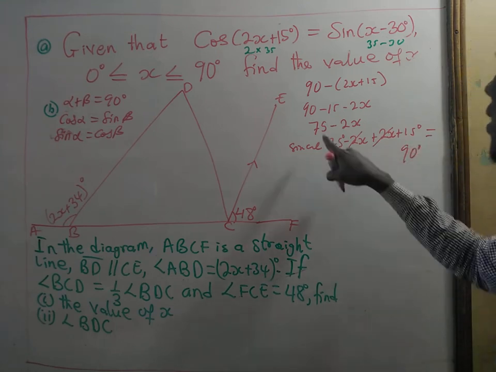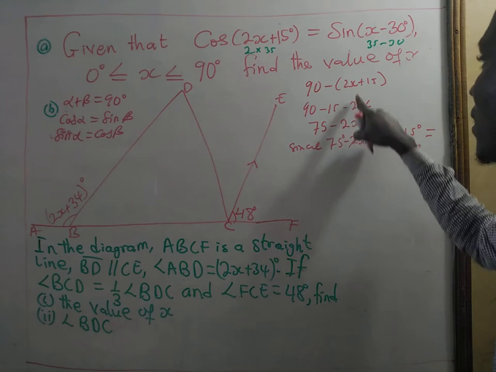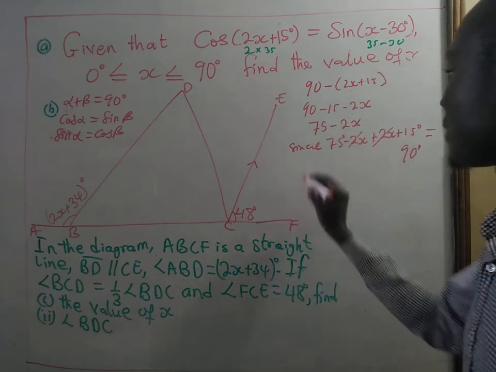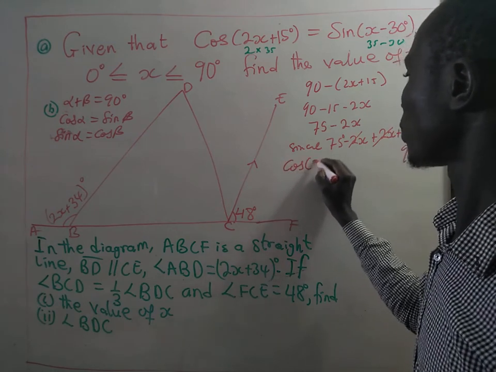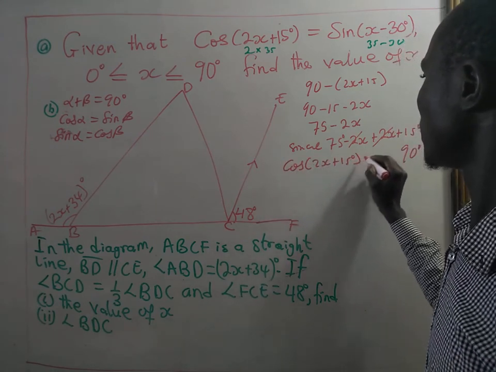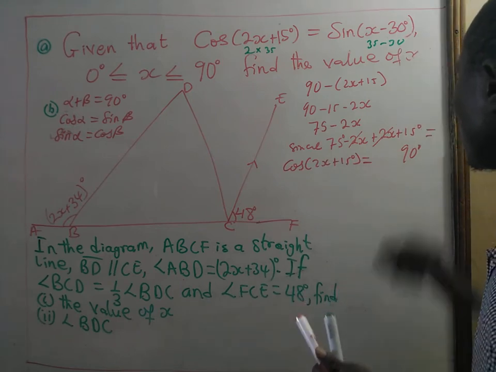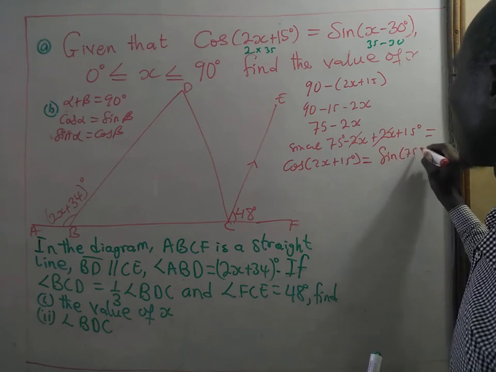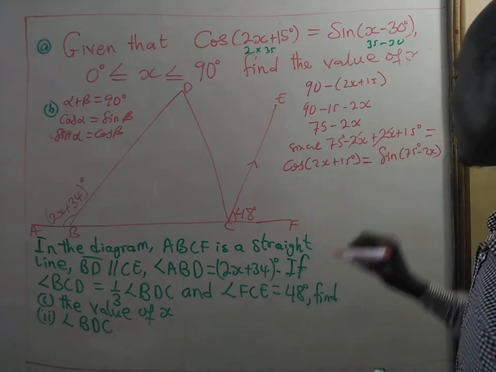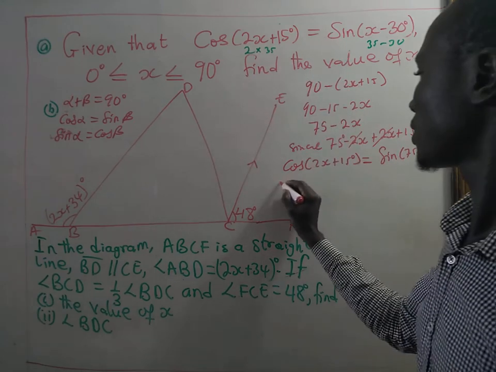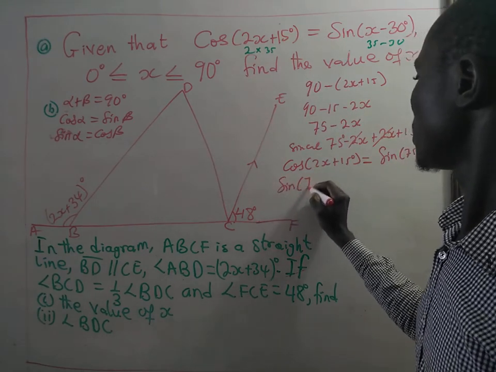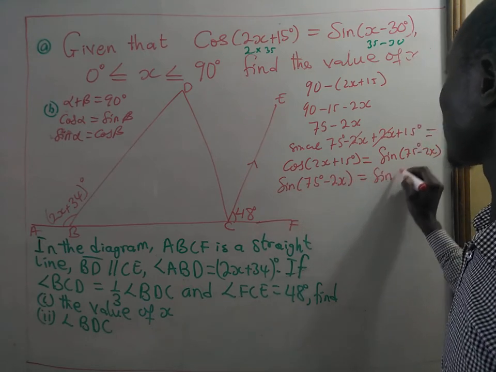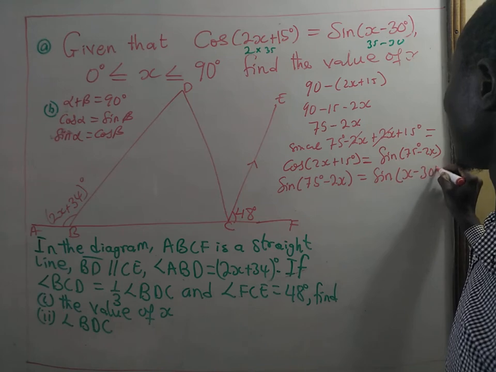So since 75 minus 2x plus 15 will give us 90, it means that cosine of 2x plus 15 degrees is equal to sine of 75 minus 2x. So our question becomes sine of 75 degrees minus 2x is equal to sine of x minus 30 degrees.